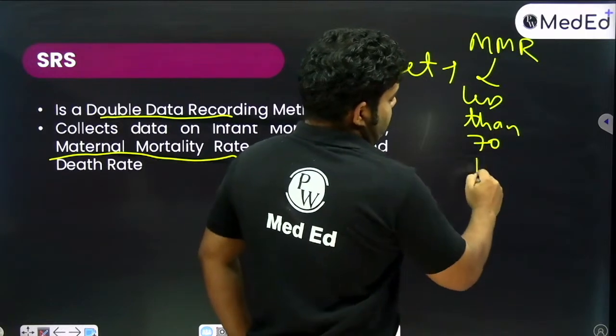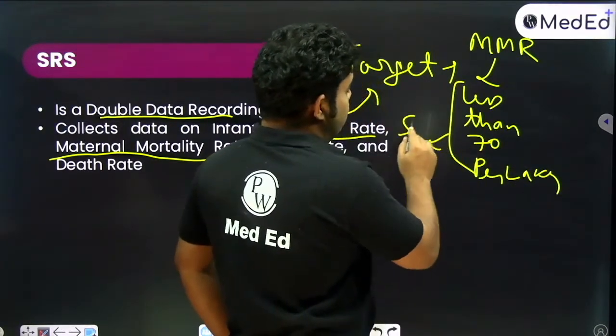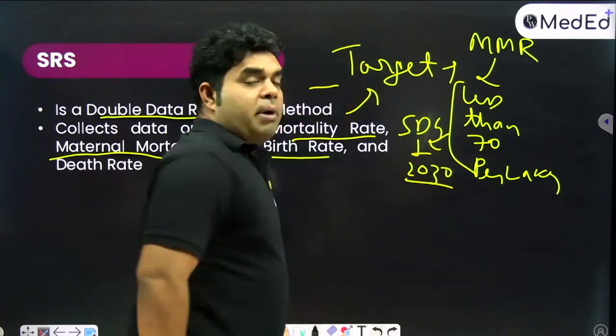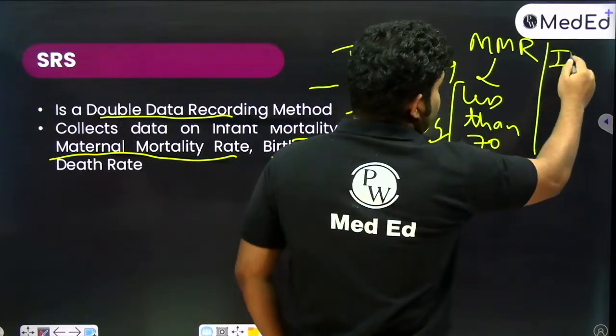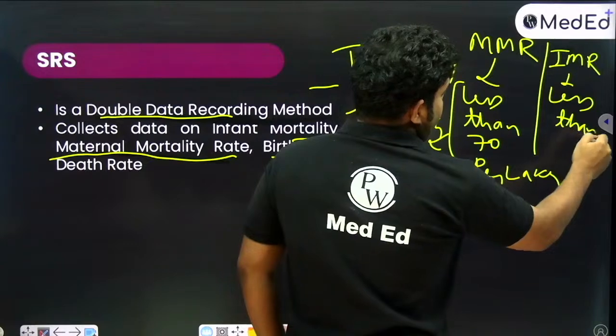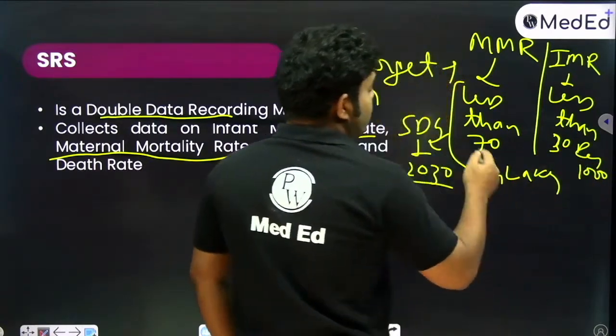This is our target, and it is also the Sustainable Development Goal target for 2030. MMR should be less than 70. And what is the target of infant mortality rate? IMR should be less than 30 per thousand, and I hope you know MMR is less than 70 per lakh.